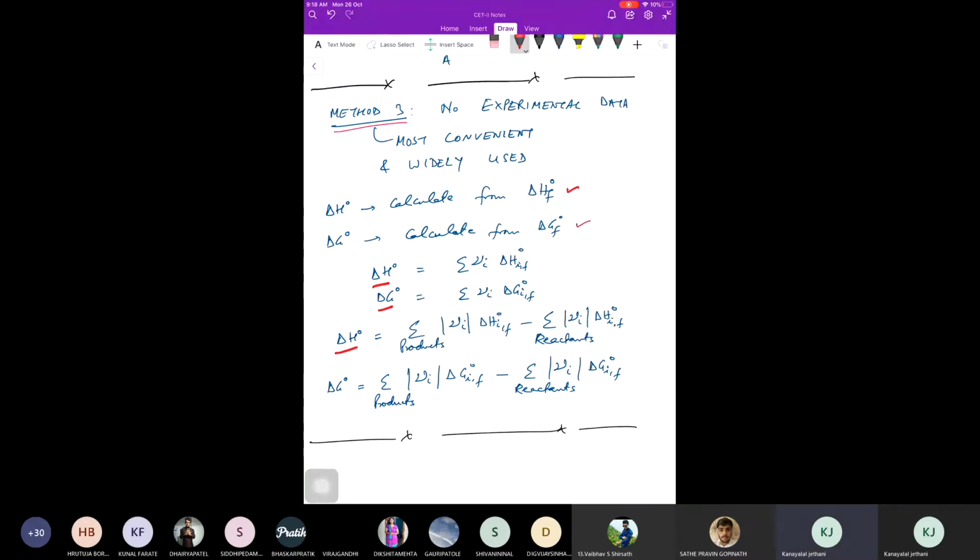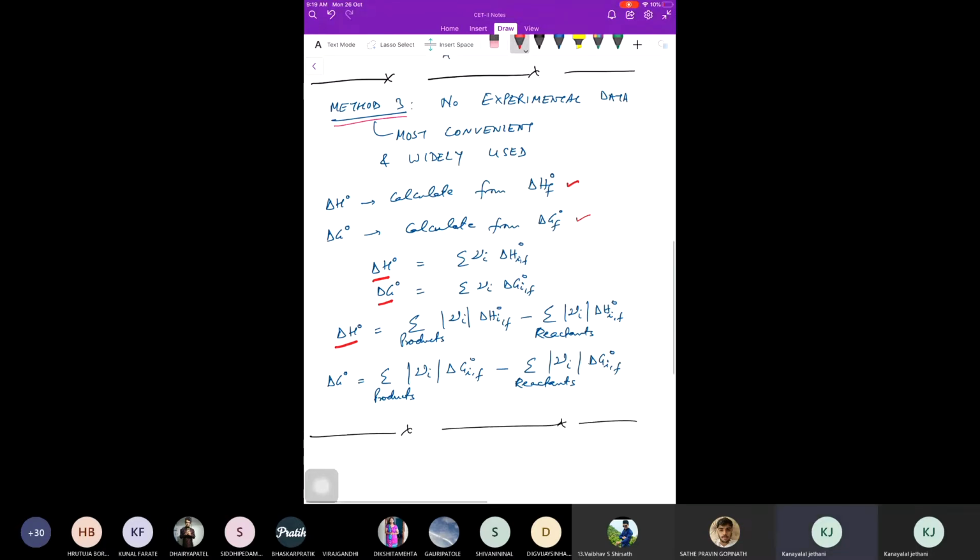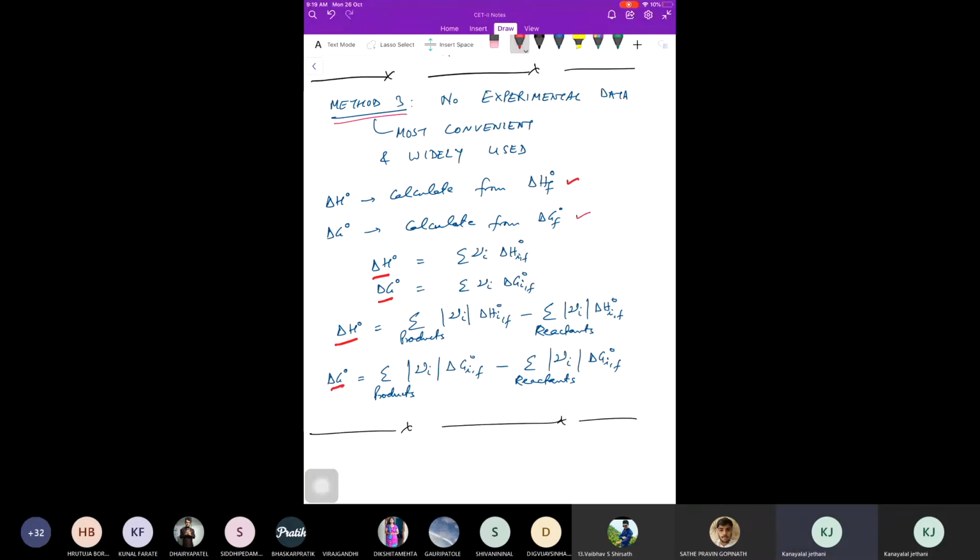Heat of reaction is essentially what we have already seen: summation over products of absolute value of nu i into heat of formation of products minus summation of absolute value of nu i into heat of formation of reactants. Similarly, standard Gibbs energy of reaction is nothing but summation over products of absolute value of nu i into standard Gibbs energy of formation of products minus summation over reactants of absolute value of nu i into standard Gibbs energy of formation of reactants.